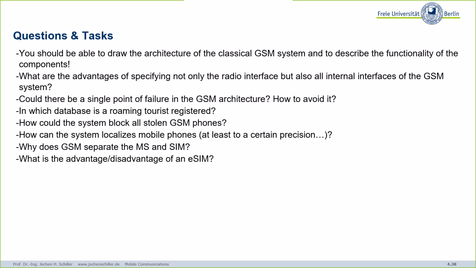That's the point. So if you look at the architecture of GSM, so this slide 24, is there a single point of failure? Where could there be a single point of failure? How can you avoid a single point of failure? So that was the slide 24.